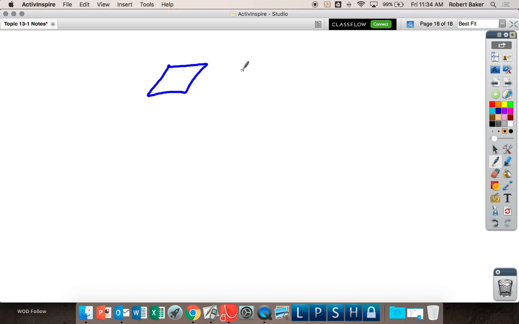Parallelogram. They have a 1-to-2 relationship, and the area is 50. So what is the formula to solve for area? A equals 1 base. Oh, we're looking for parallelogram.